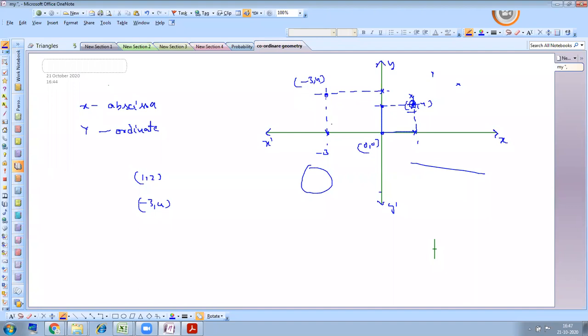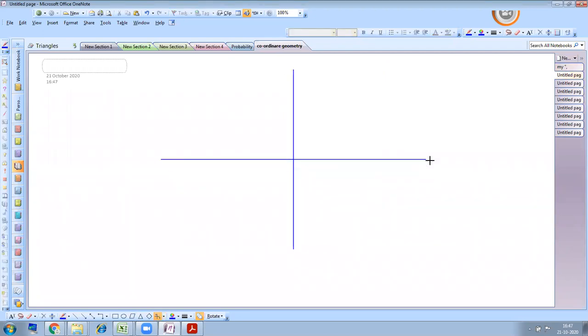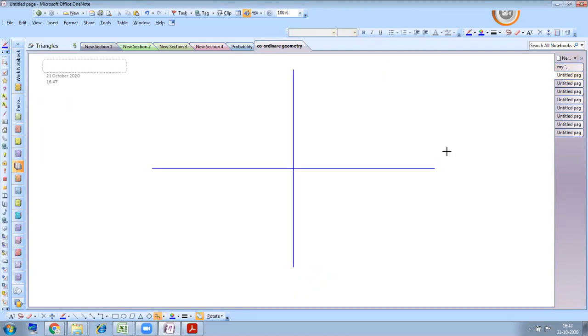Now we have just a continuation of the topic, what we did in 9th standard. Suppose there are two points in a plane. That plane is referred to as two-dimensional coordinate geometry, with positive x-axis, negative x-axis, positive y-axis, and negative y-axis. The intersection point is the origin. There is a point A and another point B. Point A is x1, y1.